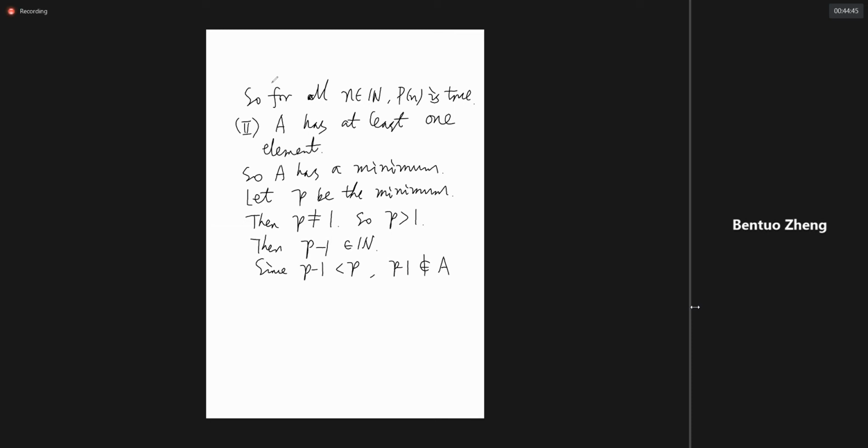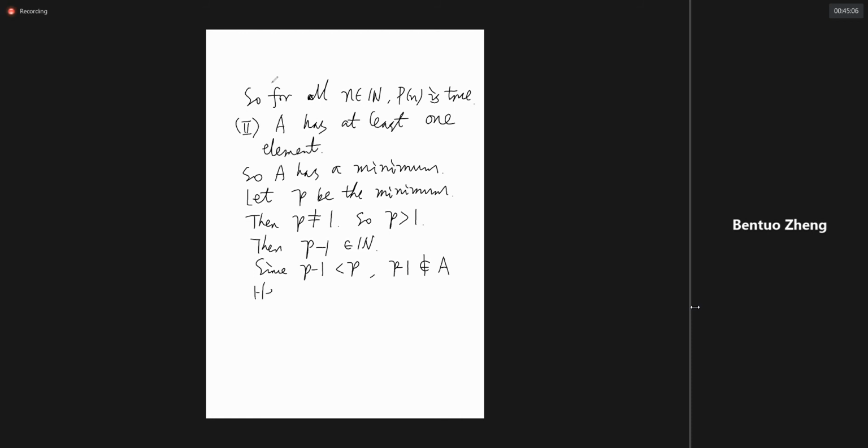Since P minus 1 is not in A, we have to interpret this. Any member which is in A satisfies Pn is false. Any member which is not in A satisfies Pn is true.